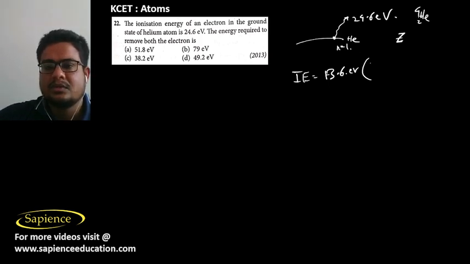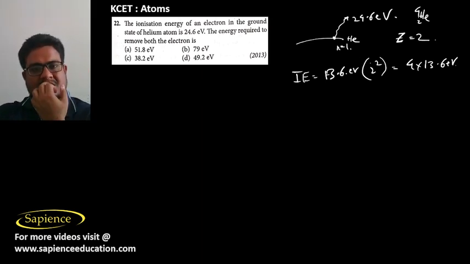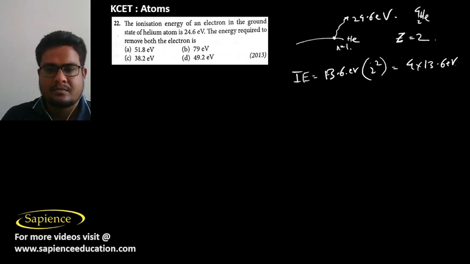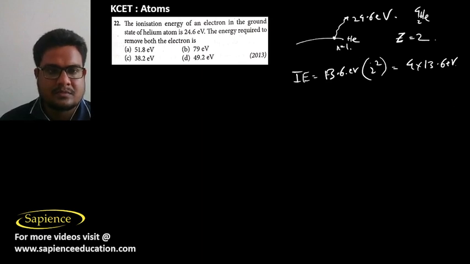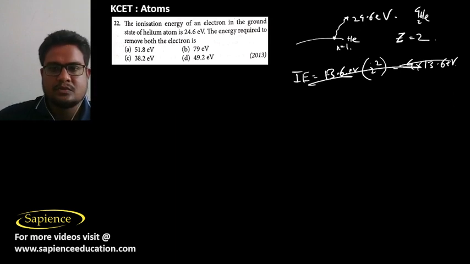So the first ionization energy is equal to 24.6 electron volt.